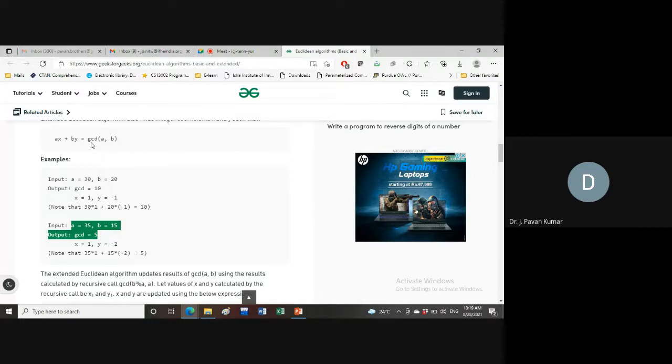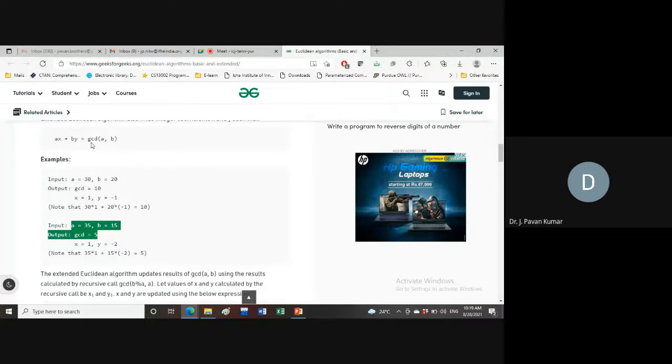Like you consider 37 and 39. Then what will be the GCD? The common factors: 1 and 37 are the factors for the first number, 1 and 39 are the factors for the second number. So 1 is the only common factor, so the GCD will be 1.